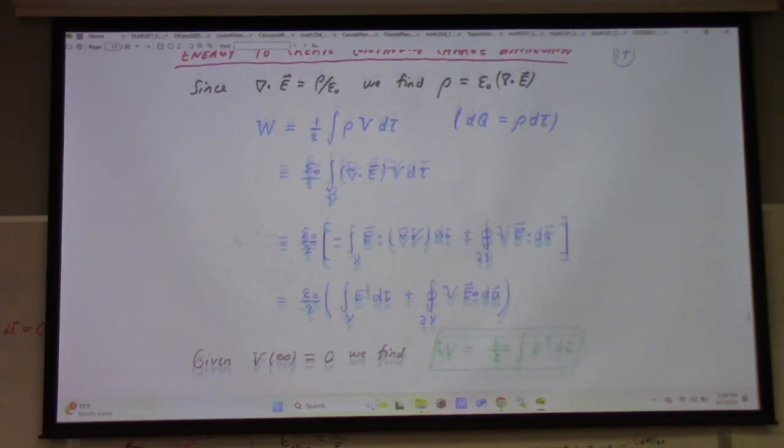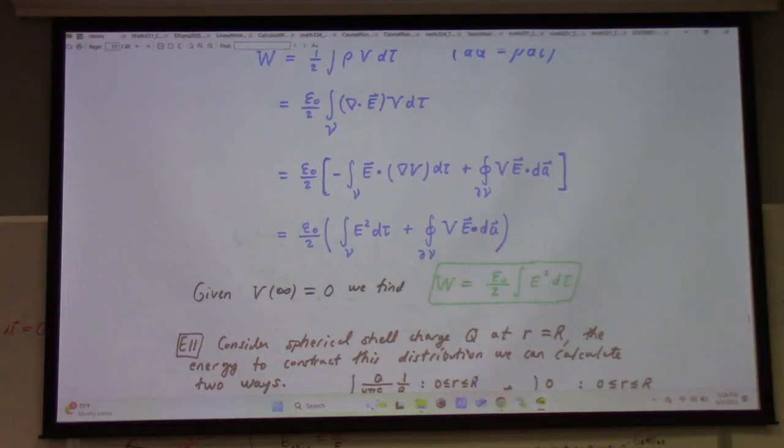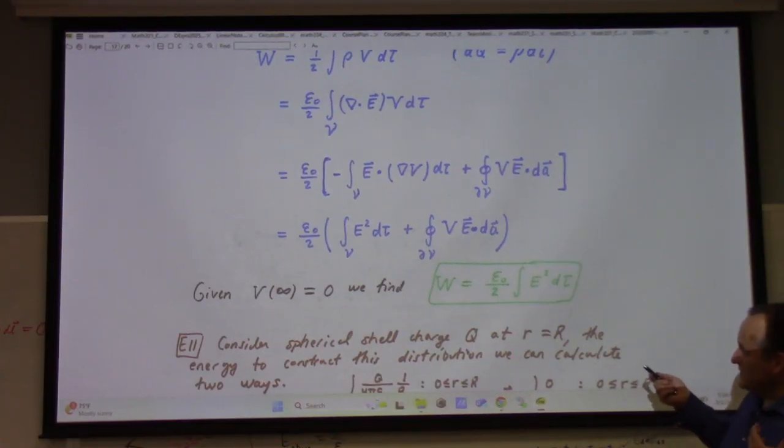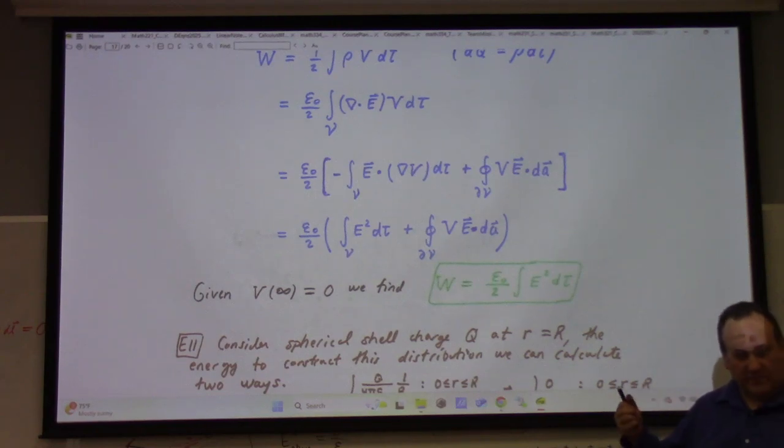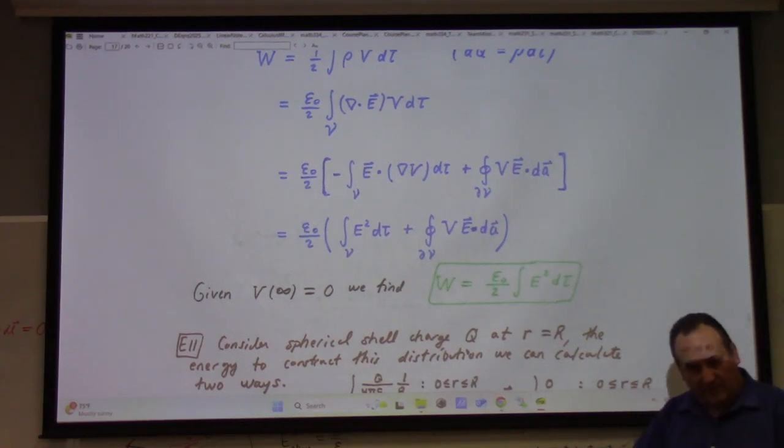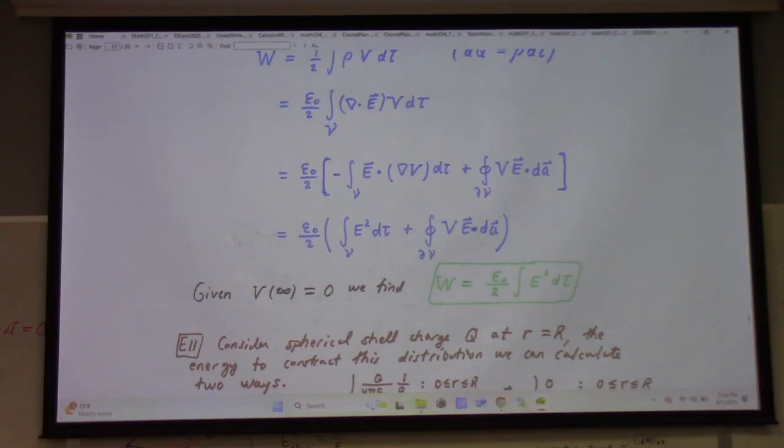So in short, supposing that V of infinity is 0, the energy that it takes to assemble it, the energy basically stored in an electric field, is simply given by epsilon naught over 2 times the integral of E squared d tau. And this leads us to the statement that the energy density in the electric field is E squared times epsilon naught over 2. This is the energy stored in the electric field.